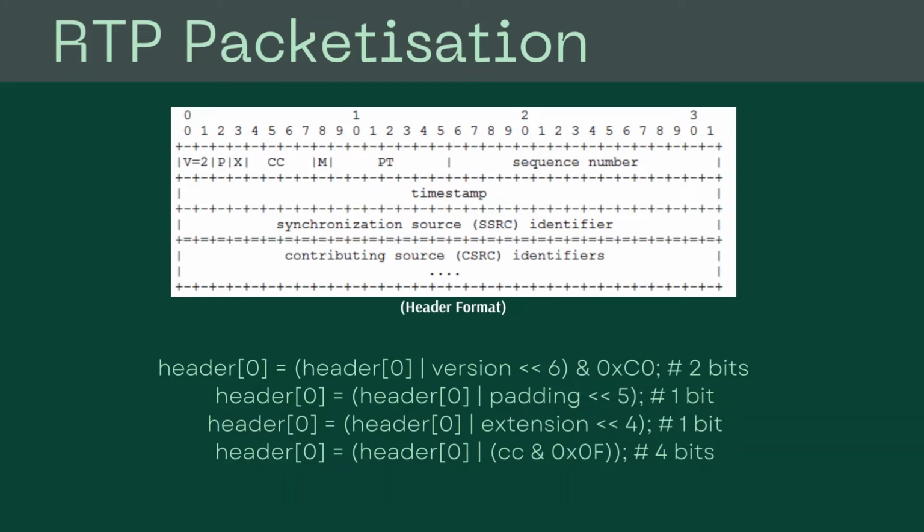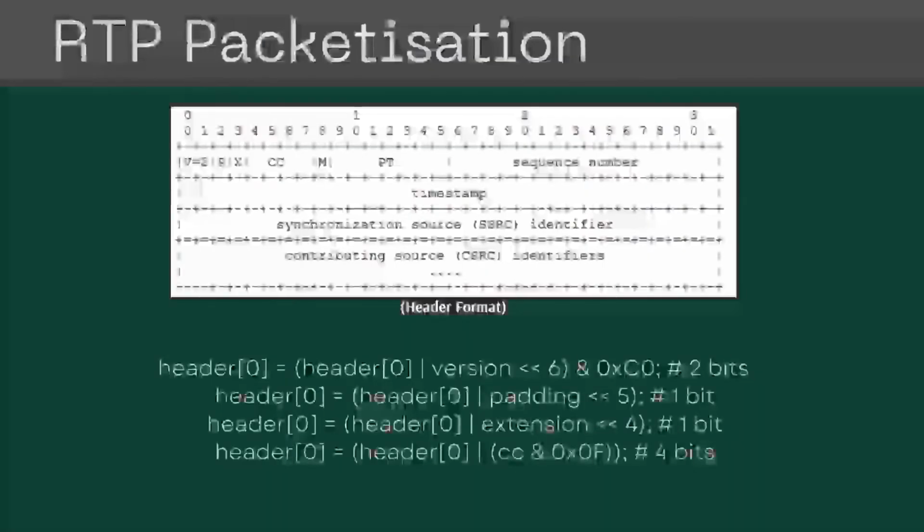Next, padding is bitwise ORed with the previous header by shifting it to the left 5 bits. Then it is followed by the extension number, and we shift the extension number 4 bits to the left. And at last, we add the 4-bit CC number, which is bitwise ANDed with 0x0F, which is equivalent to the first, second, third, and fourth bit of the data. In similar logic fashion, all of the data is packetized.